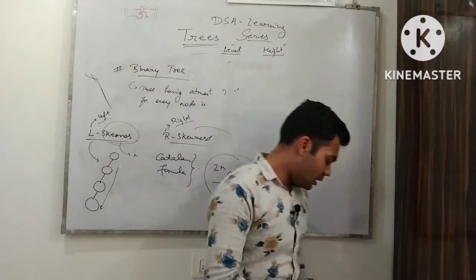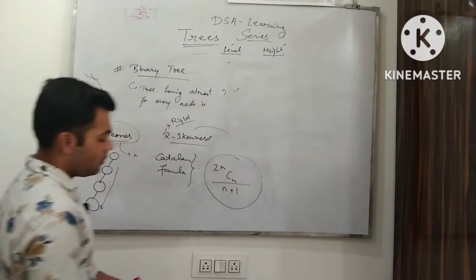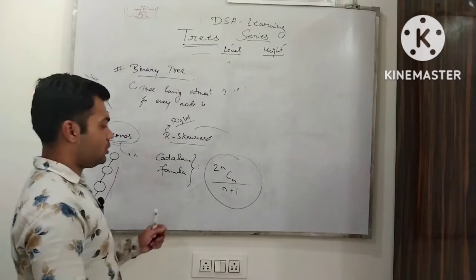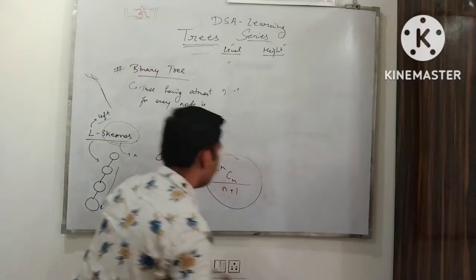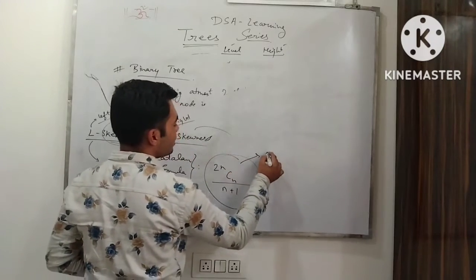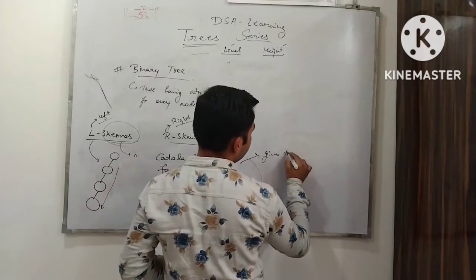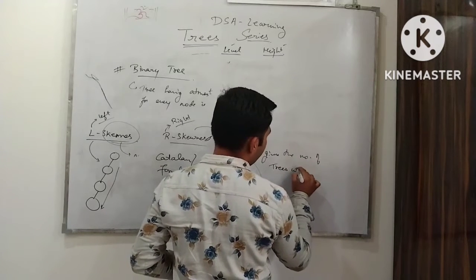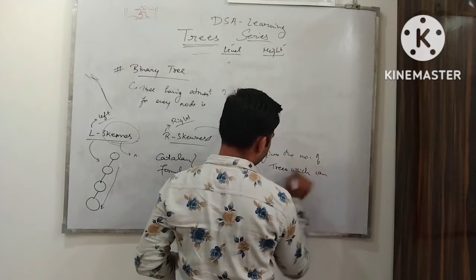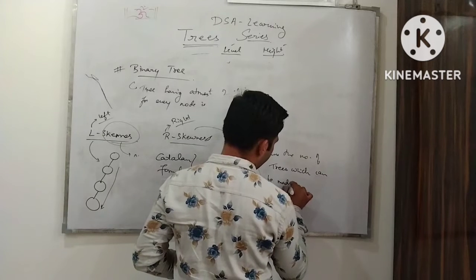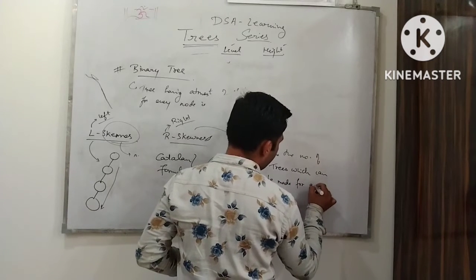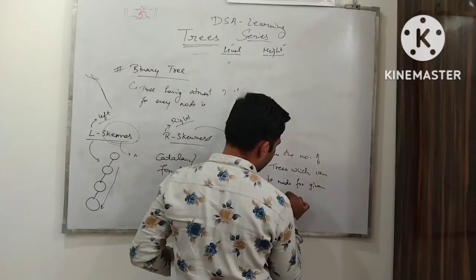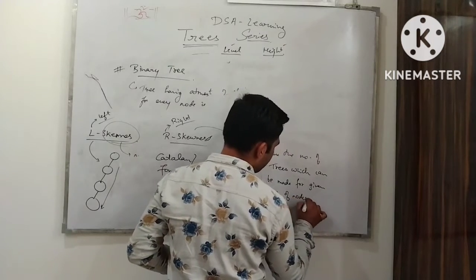This formula gives the number of trees which can be formed for the given number of nodes.